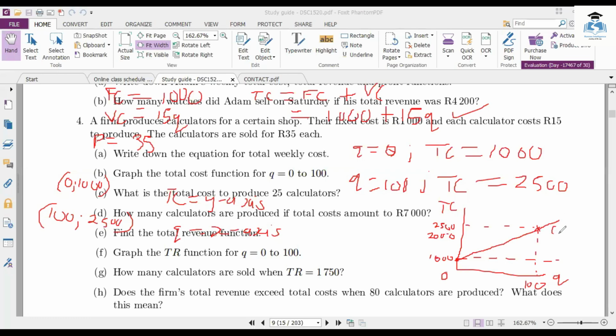You then just need to write 100, 2,500, and write the function TC is equal to FC, 1,000 plus 15Q. So that's the graph that they want you to draw. You got it? Yeah, we've got it.